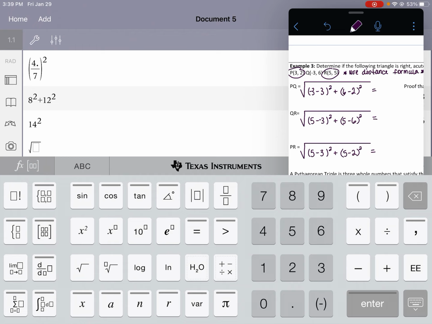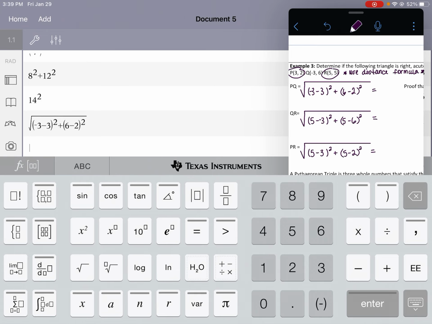Okay, so again, we have square root, and this is going to be -3 minus 3 to the second power plus 6 minus 2 to the second power.